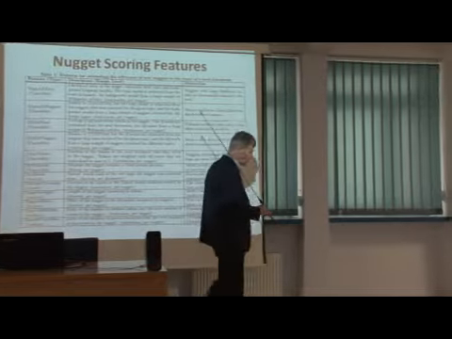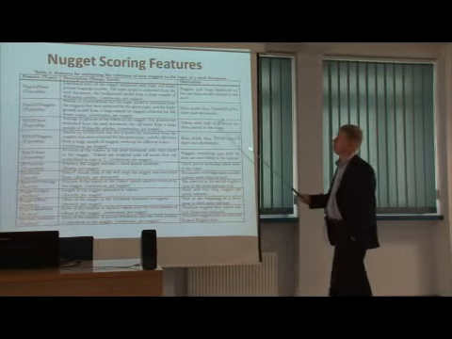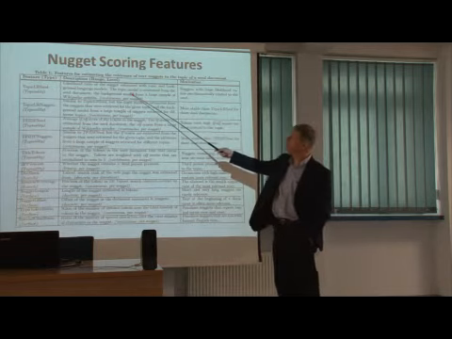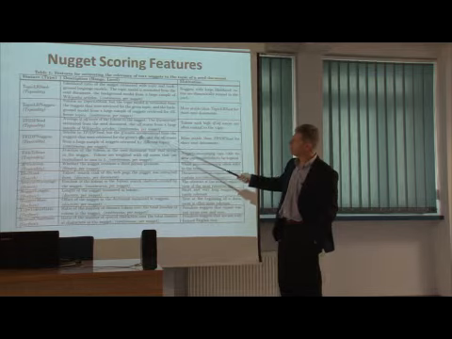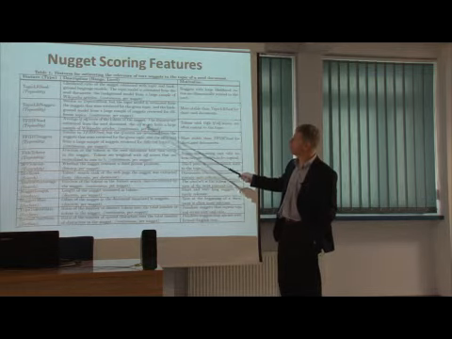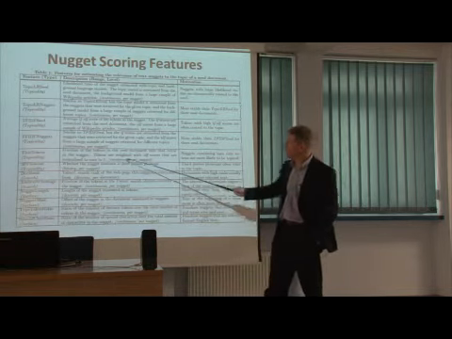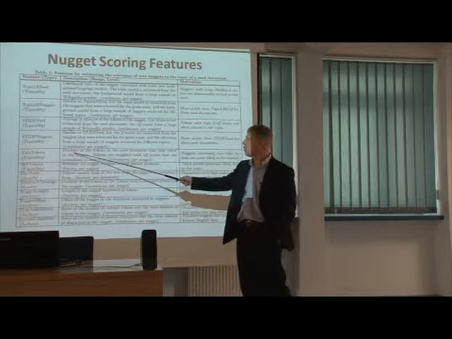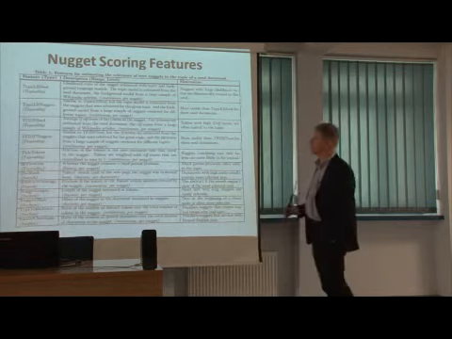All right, this is the list of features that were used in logistic regression. Overlap with the topic, certain TF-IDF scores. We didn't talk about it yet, but we're going to talk about TF-IDF tomorrow. Titles, so how many title tokens appear in the particular nugget or snippet.